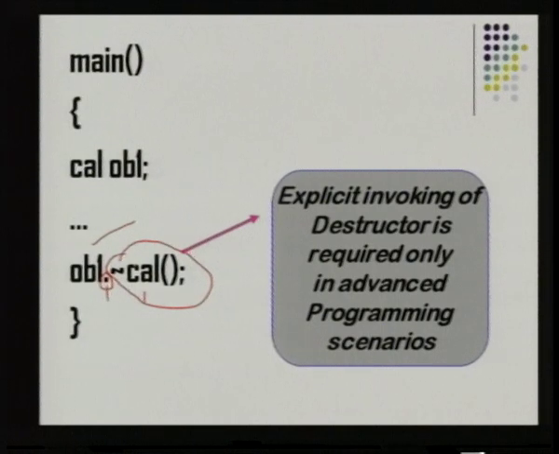Generally, this explicit invoking of the destructor is normally not used by programmers who program usual kinds of applications. It is only used in advanced programming scenarios where one object, immediately after its completion of work in one particular scenario, has to be used for another scenario. In that case, you deallocate the memory allocated to it and you use it for another place.